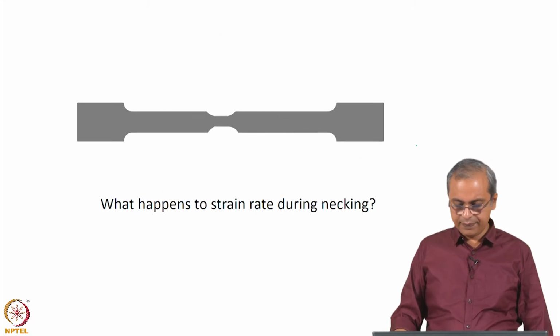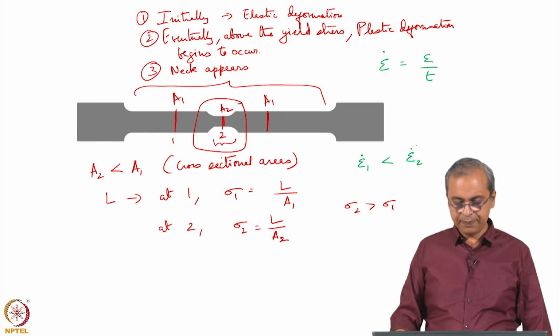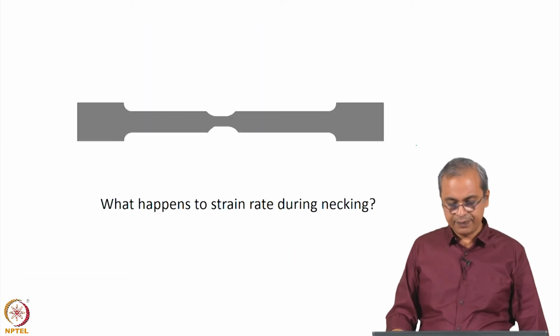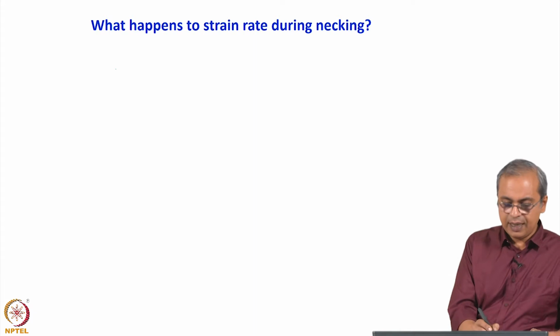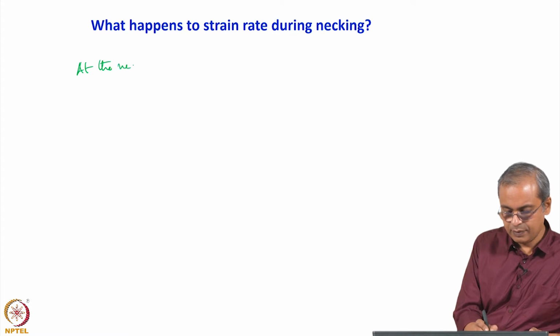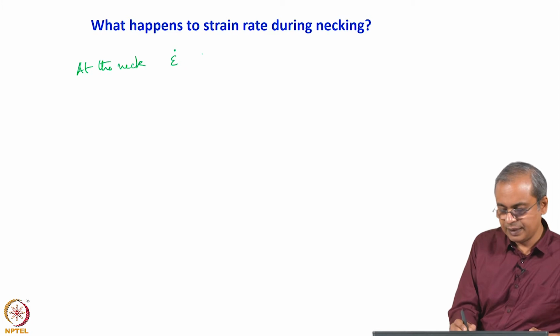So, this is your sample and this is how it is strained. If you see at the neck, epsilon dot is greater than epsilon dot at the rest of the sample.